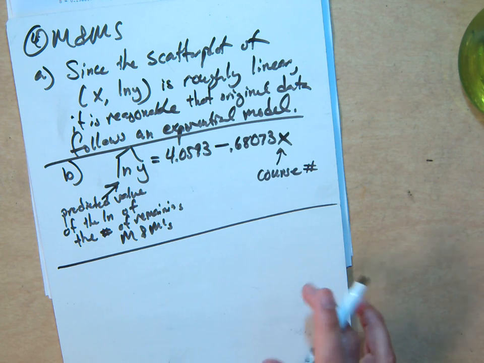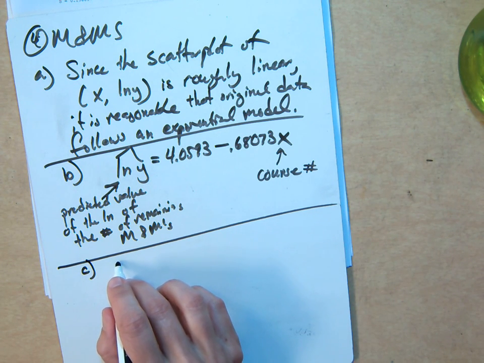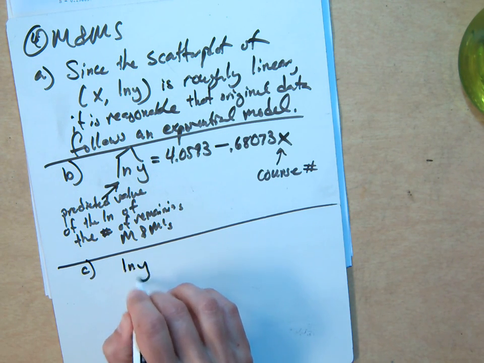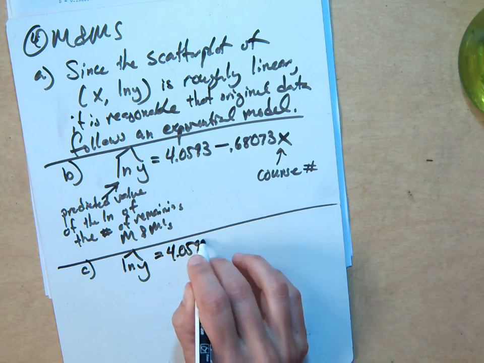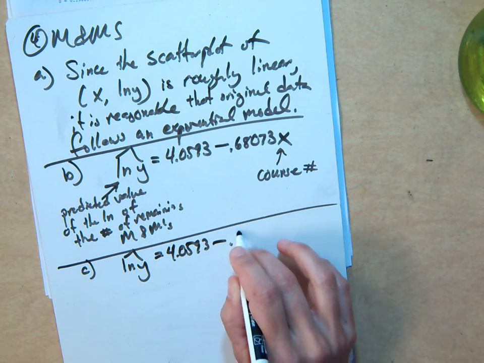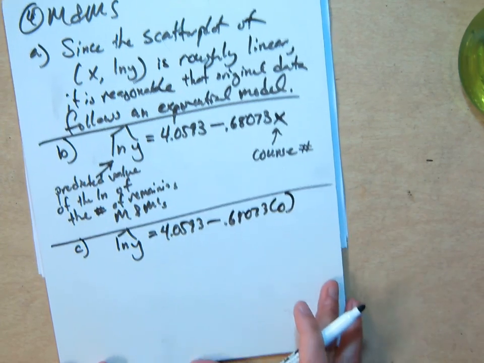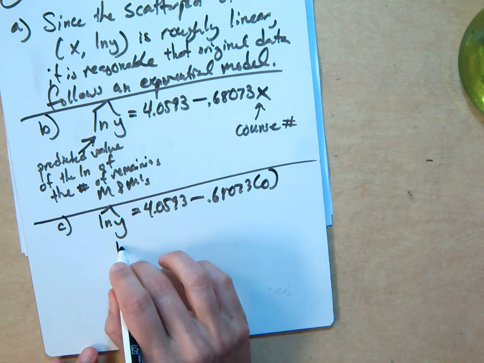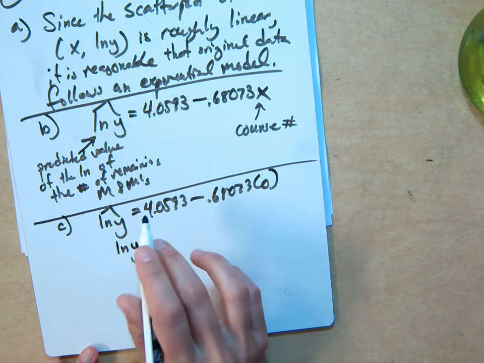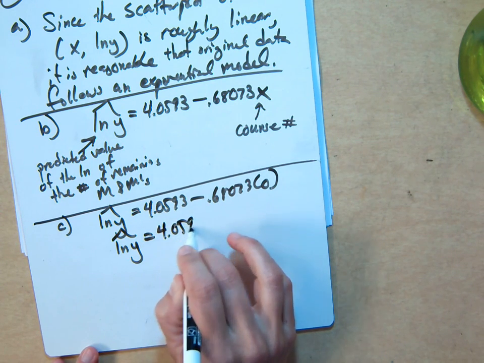So that's the equation of the regression line, and then we use our model to make a prediction. If we want to know the original number in the bag, that would be course number 0, so we just plug in 0 into this equation, minus 0.68073 times 0, that goes away. Okay, we get to do a little bit of math to solve this. So we have the natural log of y equals 4.0593.